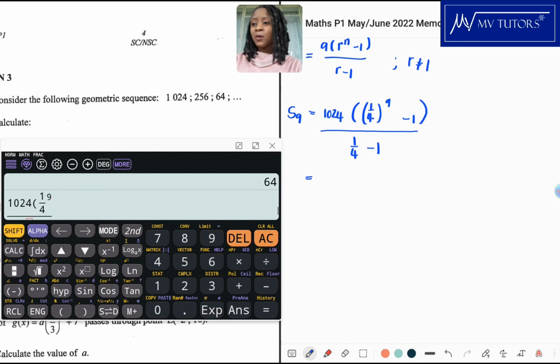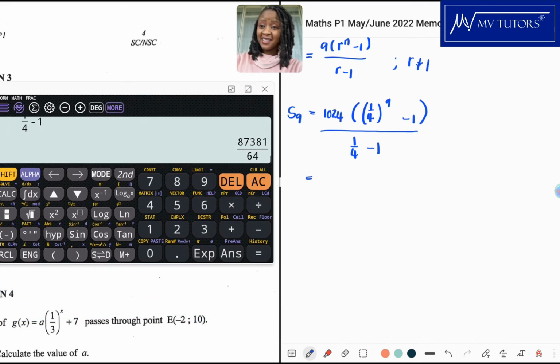I would have put that quarter in brackets actually, but I will trust that the calculator will do the things. And then we have a quarter minus 1. Whatever that answer is, we'll just believe it.